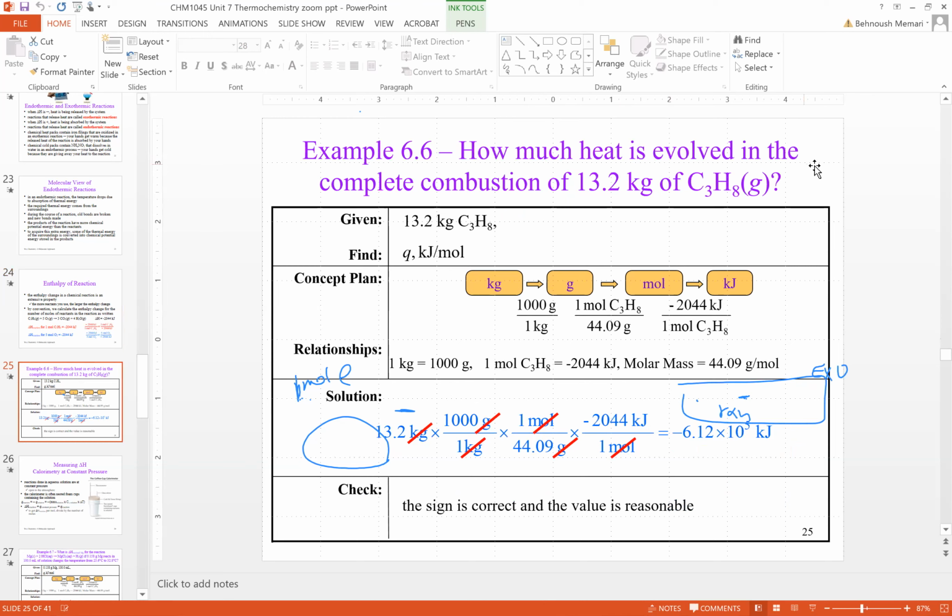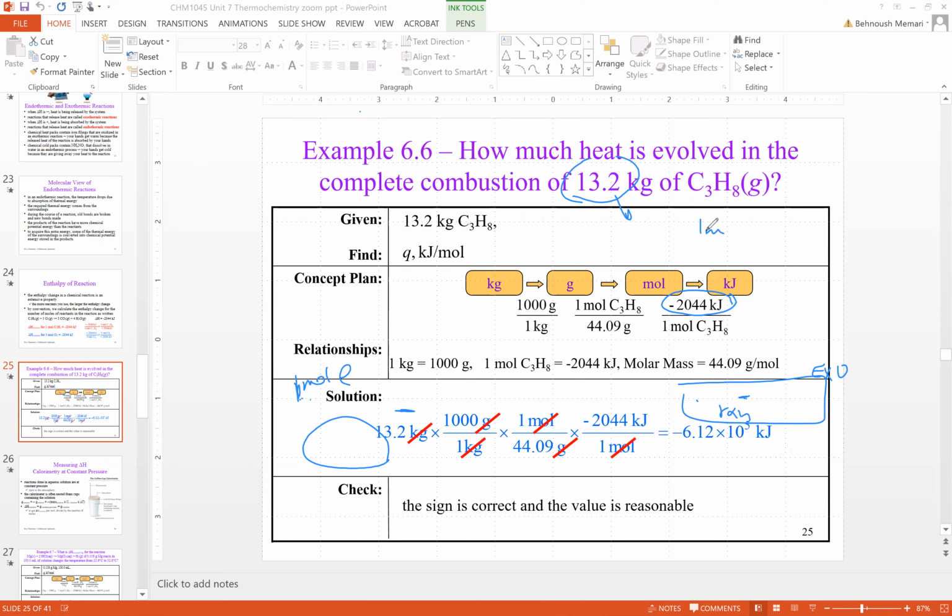Now, how much heat is evolved or released in a complete combustion of 13.2 kilogram of that? In order to do that, we know that for every mole, 2044 kilojoules of heat is released.